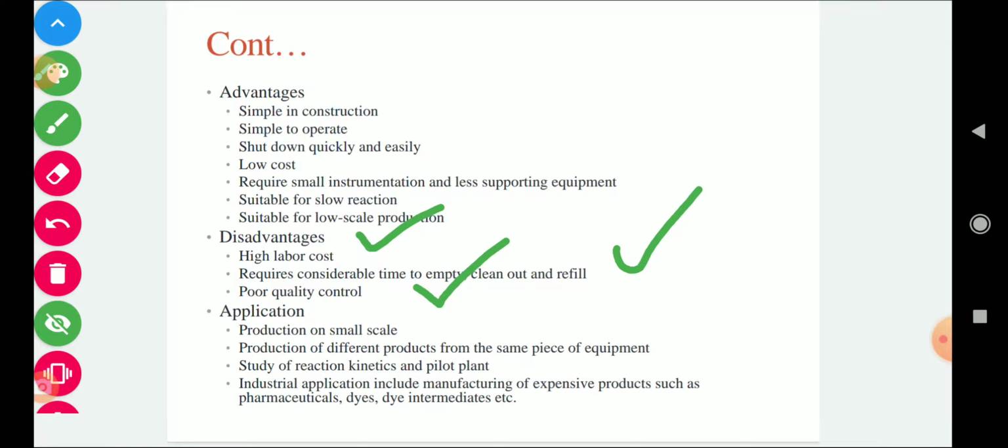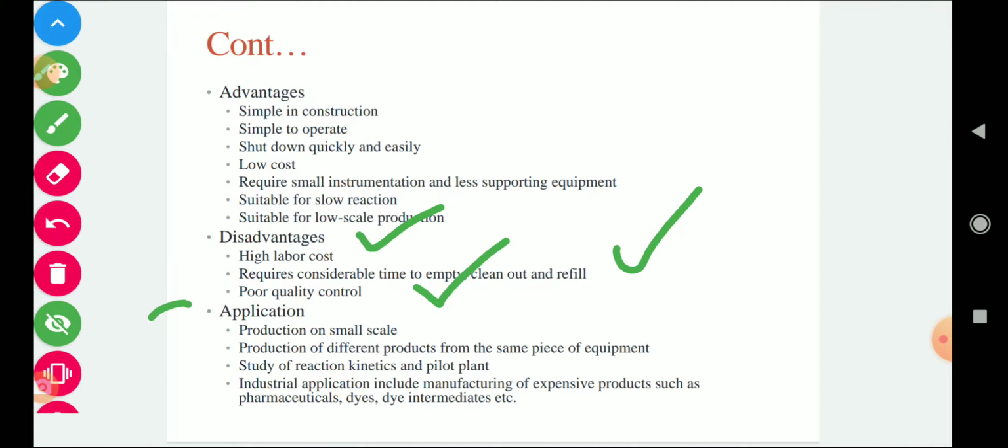It means if you have continuous process, then you can get uniform quality product. But on the other hand, if you have batch reactor, it's very difficult to maintain uniform quality for each batch. For example, if you have 30 batch in a batch reactor, it's very difficult to maintain same quality for all the batches.